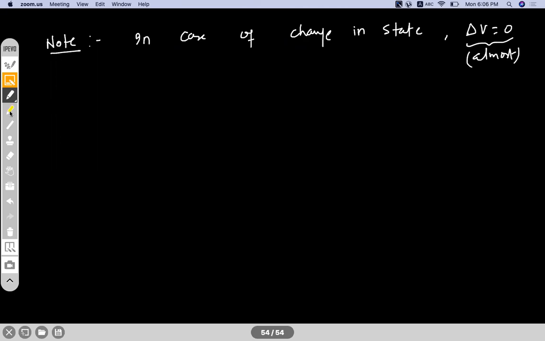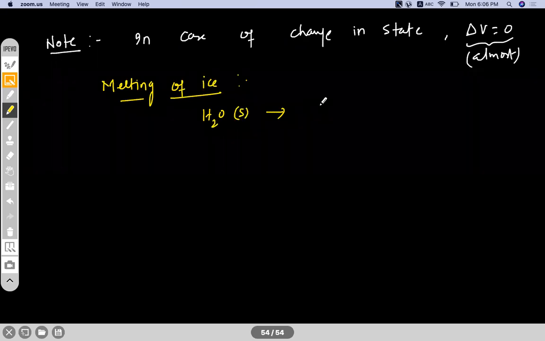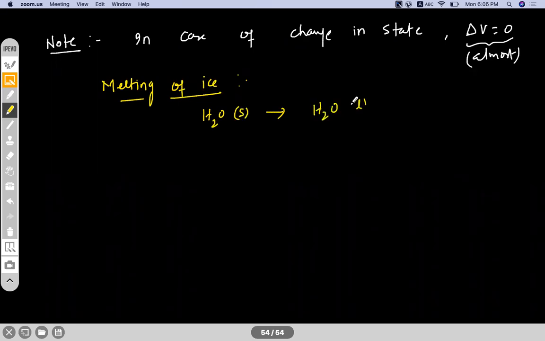We have one exception in this, that is the melting of ice. What happens when H2O solid, that is ice, is converting into H2O liquid?